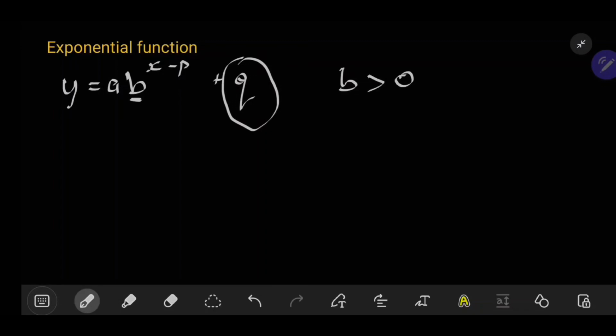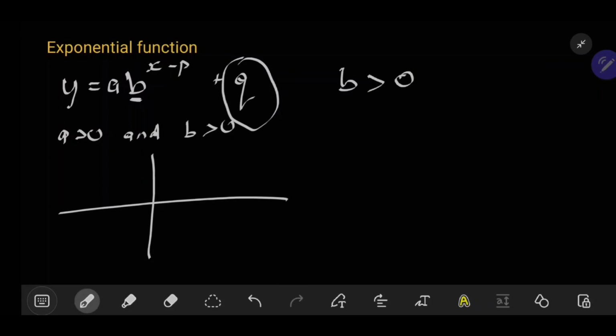Alright, if our value of a is greater than 0 and our b value is greater than 1, then we're going to have something like this, whereby y equals q, with a graph increasing in that way.